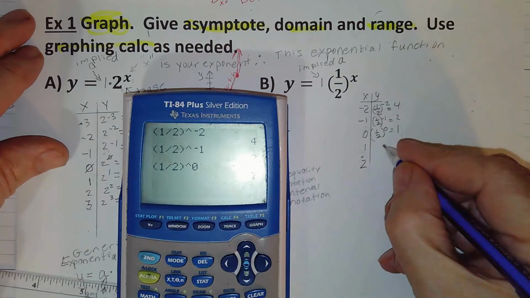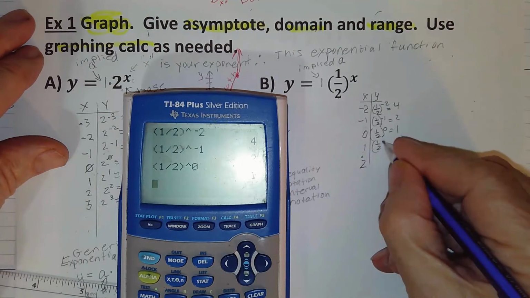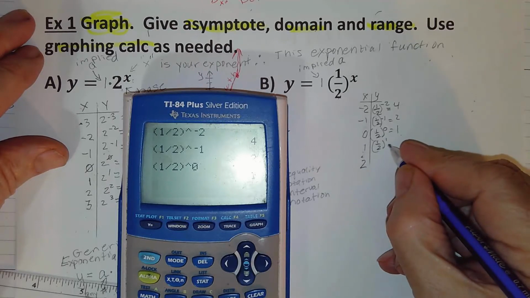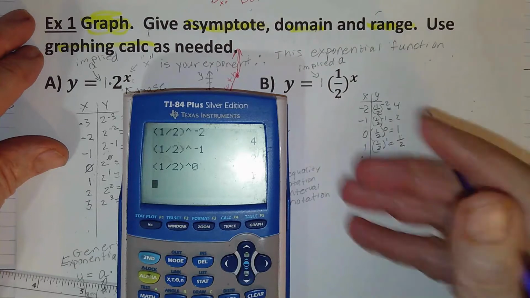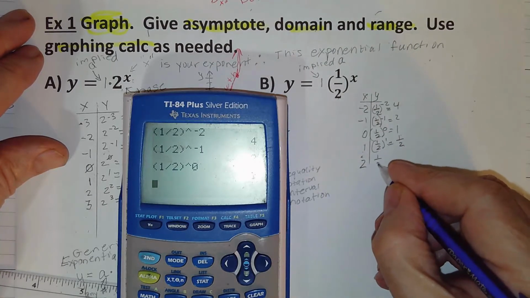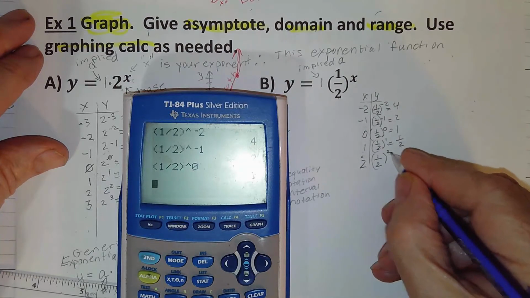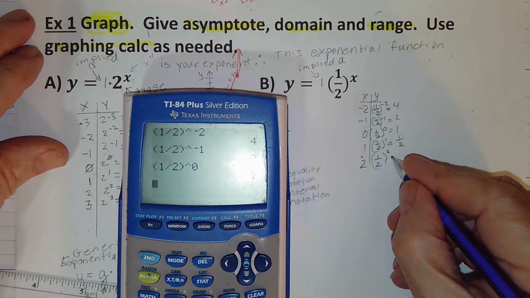All right? Now, 1/2 to the 1. Well, any number to the 1 is its own number, so this is 1/2. I don't think we need to do that one in the calculator. Let's do 1/2 squared. 1 times 1 is 1, 2 times 2 is 4. It's 1/4.